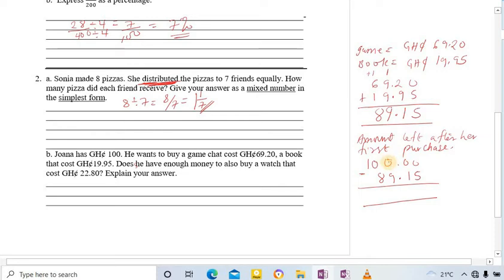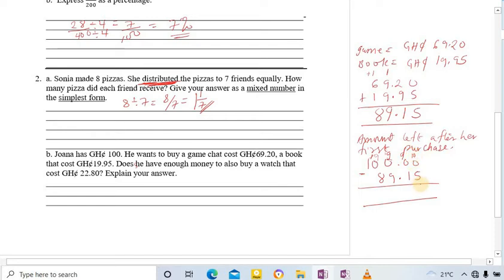So what do we do? We need 0 minus 5, which is not possible, so we'll transfer till we get to this point. We transfer 1 here, this becomes 10, and this becomes a 9. This also becomes a 10, but when you transfer it becomes a 9, and only this becomes a 10.